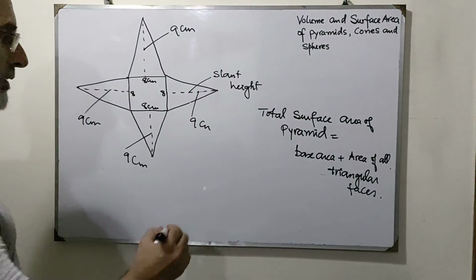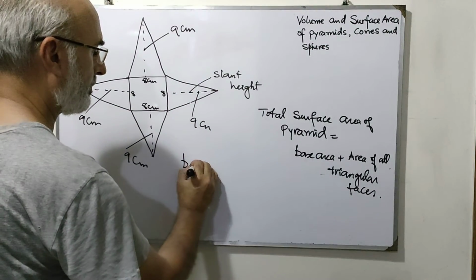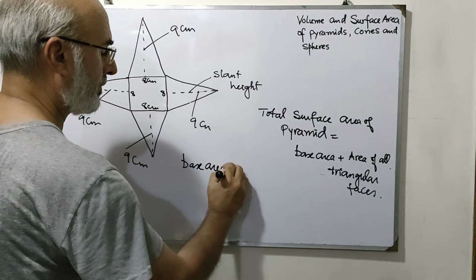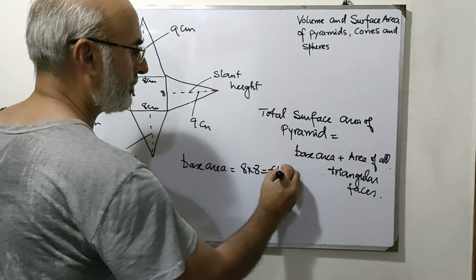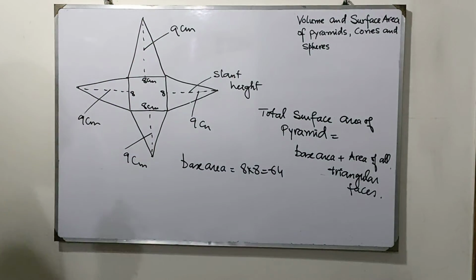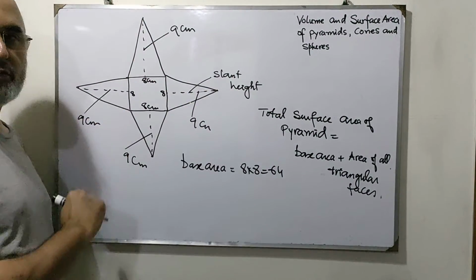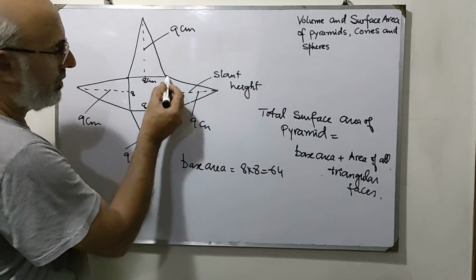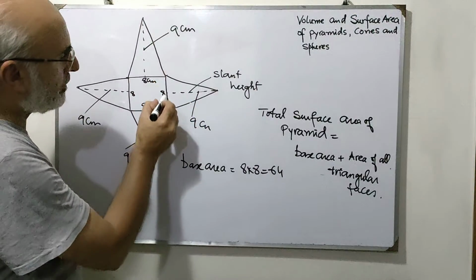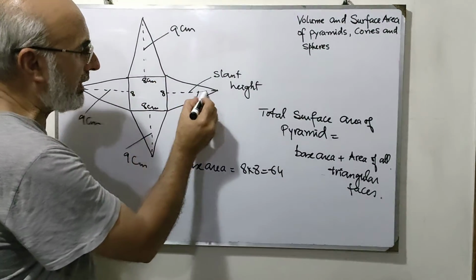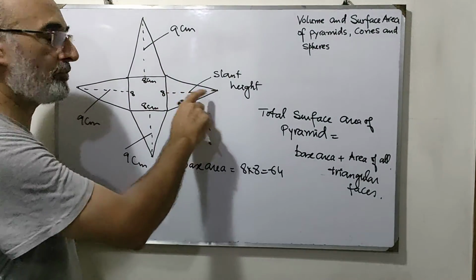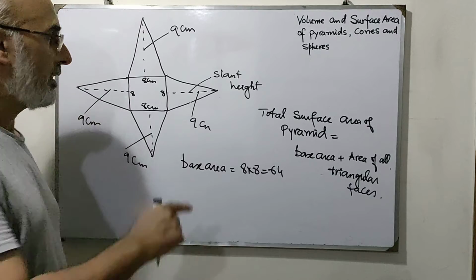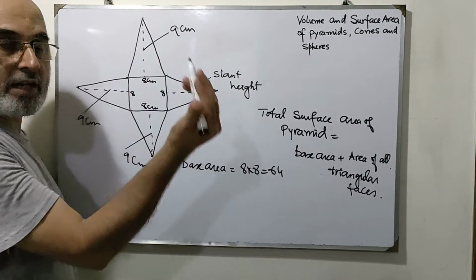So the first thing, base area, which is 8 into 8, 64. Now, area of one triangular face. It's a triangle. The triangle has a base of 8, and this slant height, which is the slant height for the pyramid, but it's a height for the triangle. From base to the tip, it's a height for the triangle.